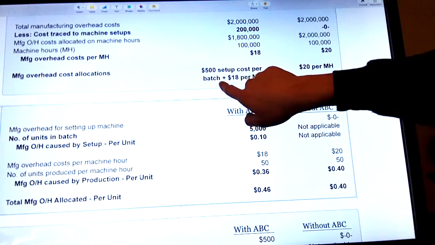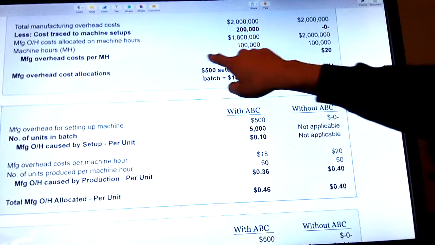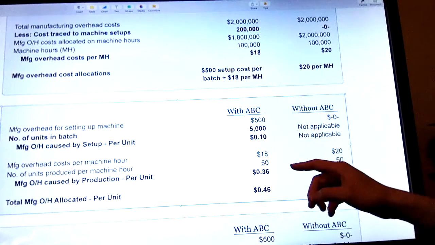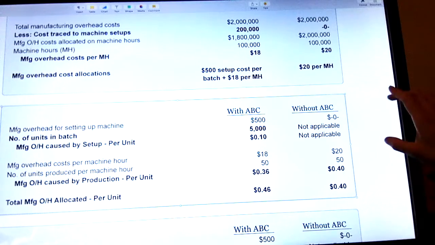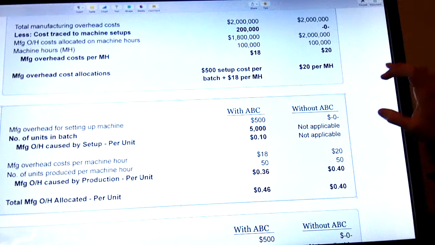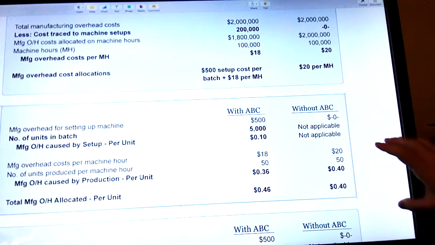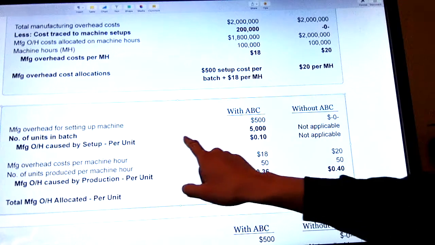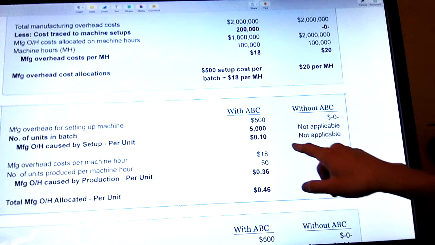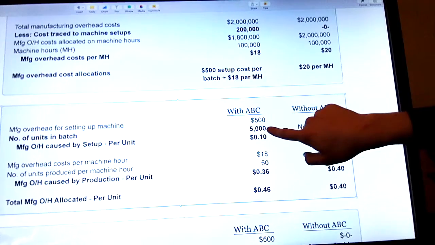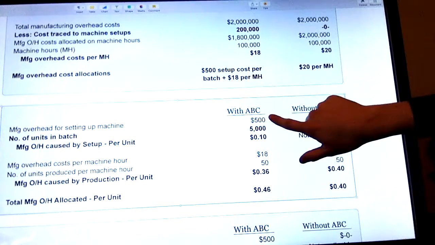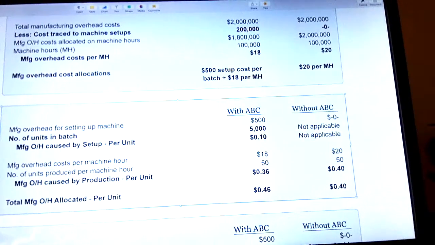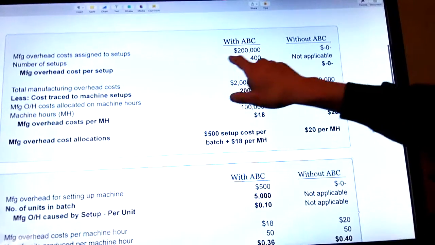So after we figured this out, we go down here to our next area, where we are doing the number of units in the batches, and we're going to calculate that out. So we have 5,000 units, and a setup is $500, as determined up here.